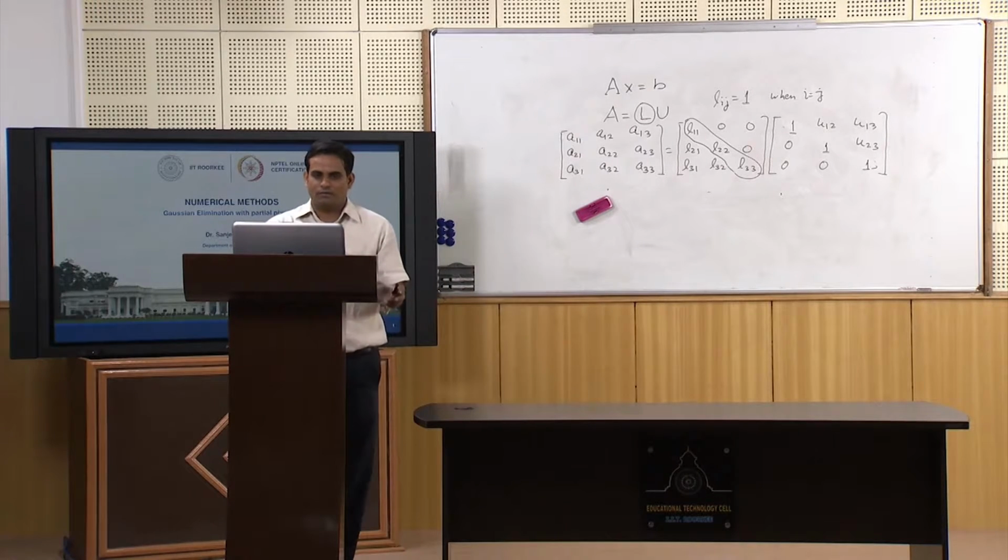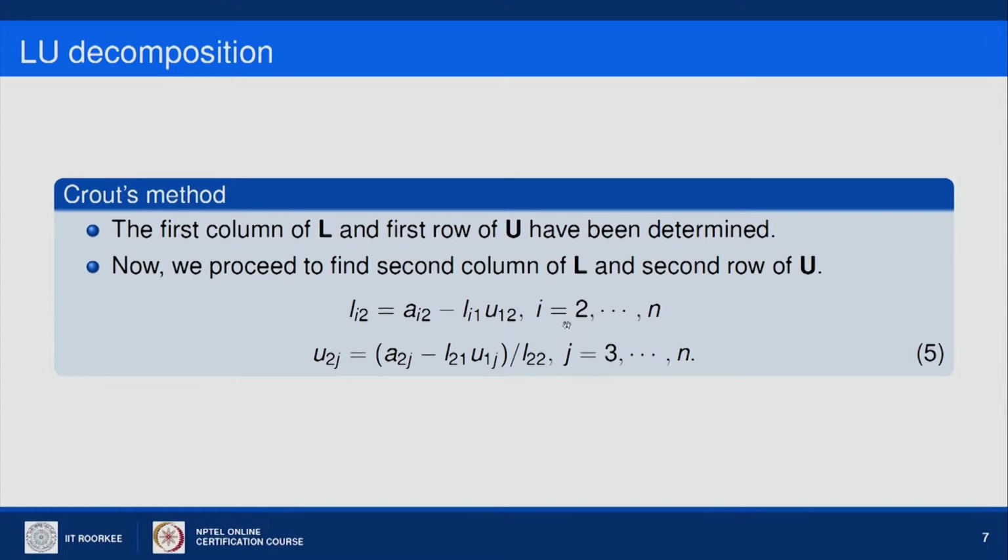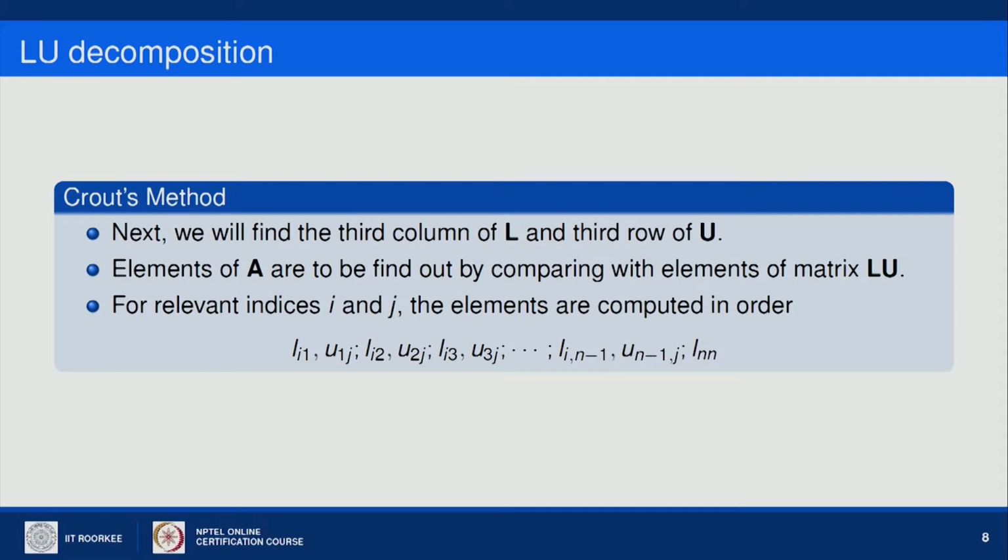The second column will give me the entries Li2 equals Ai2 minus Li1 U12, i equals 2 to n, and then the second row will give the entries of the second row of U by equation 5. Then we will go like third column, third row, fourth column, fourth row, and so on, and we will be able to get all these entries Lij and Uij.